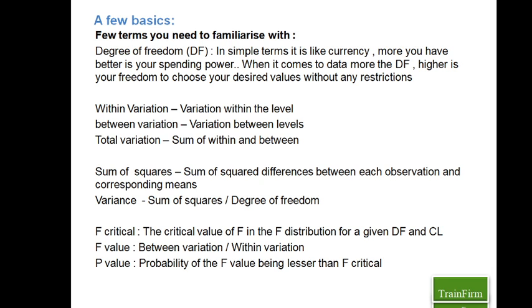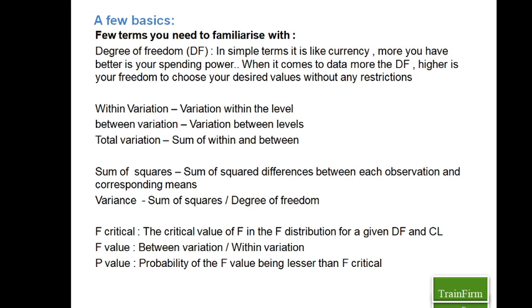So when a standard distribution contains 100% of the data, and the F critical value is at 95%, if the F value is more than the F critical value, obviously it is in the 5% range, because 95% of the data set will be on the left side of my F distribution, with the F critical value.